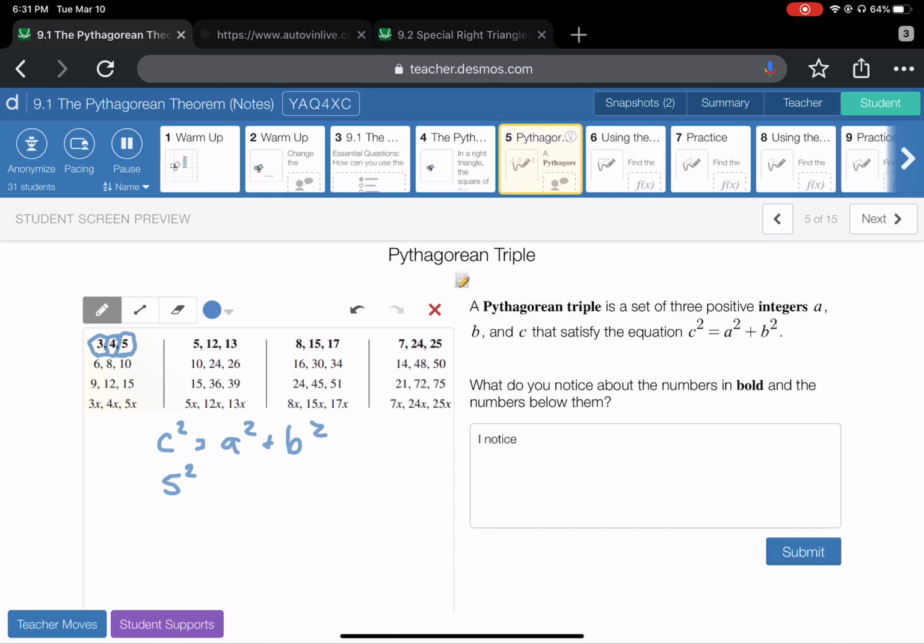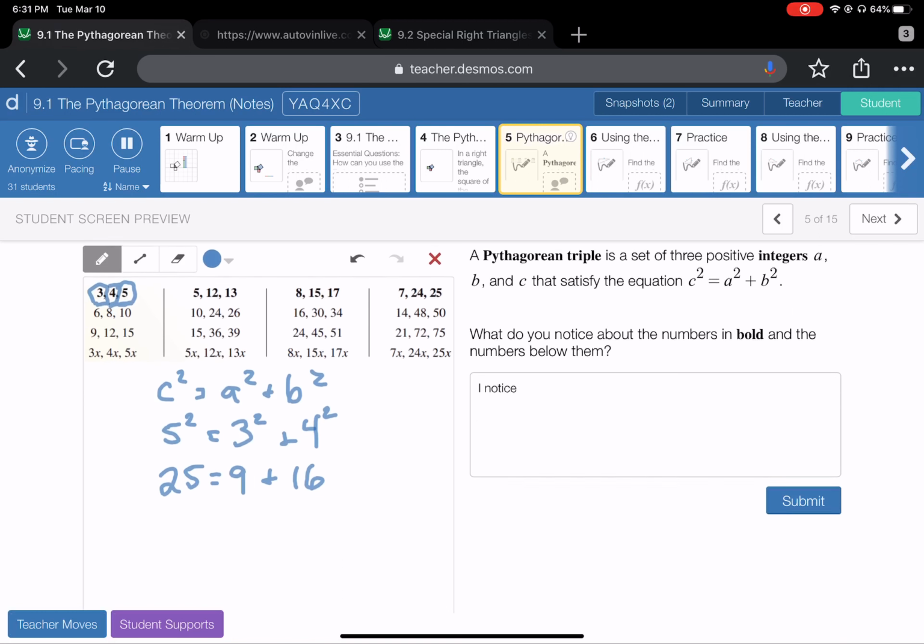so I have 5 squared equal to a squared, which is the lowest number, in this case 3, plus b squared, which is 4, so I have 4 squared. So 5 squared is equal to 3 squared plus 4 squared, and now I just have to simplify everything. 5 squared gives us 25, 3 squared gives us 9, and 4 squared gives us 16.